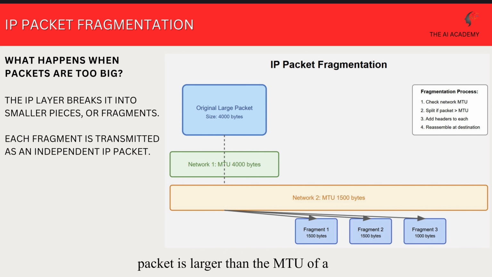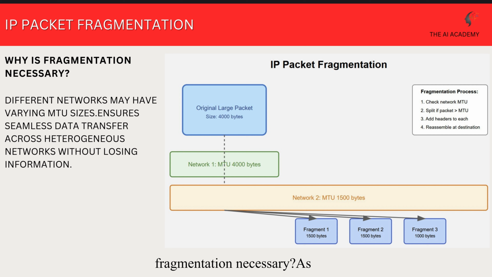If a packet is larger than the MTU of a network it needs to travel through, the IP layer breaks it into smaller pieces, or fragments, so it can pass through. Each fragment is transmitted as an independent IP packet. Why is fragmentation necessary? Different networks may have varying MTU sizes, and fragmentation ensures seamless data transfer across heterogeneous networks without losing information.